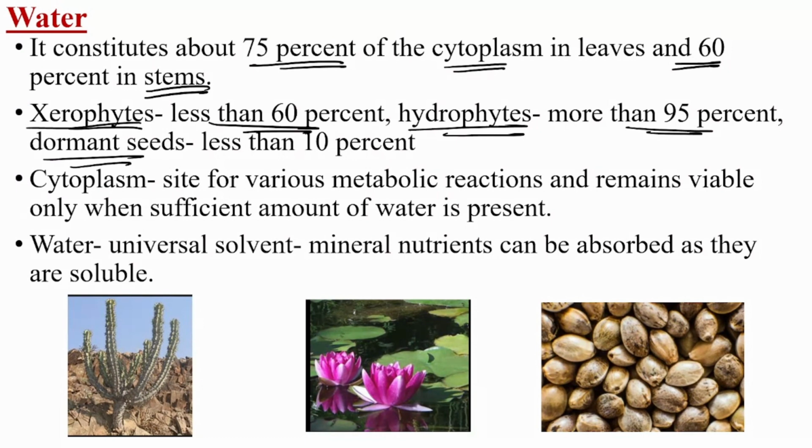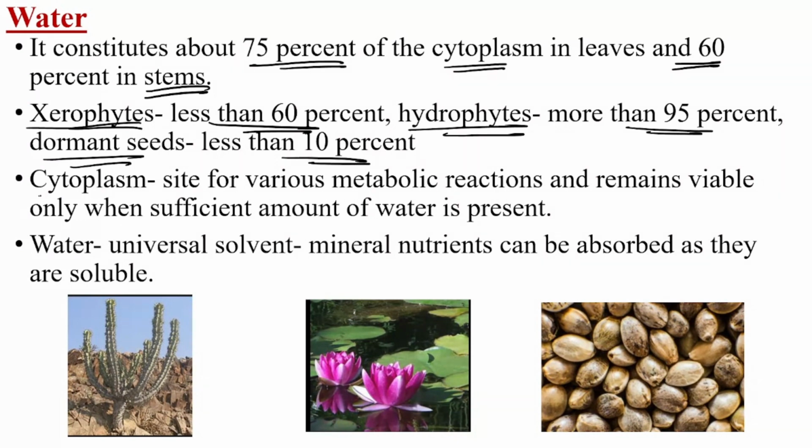But if the conditions are harsh, if the temperature is very cold or very hot, or water availability is very low, the seed develops a tough coating known as the seed coat. In such conditions they are said to be dormant, inactive. Dormant seeds usually contain less than 10% water.